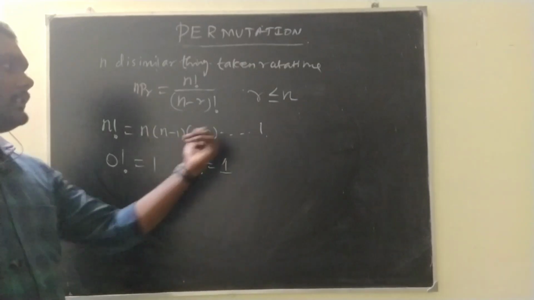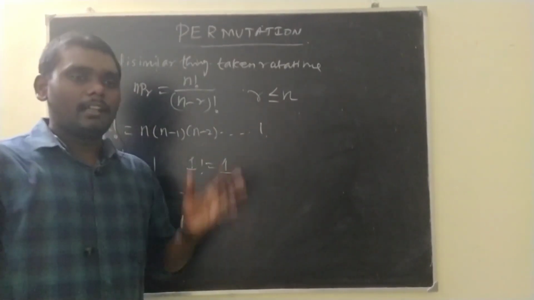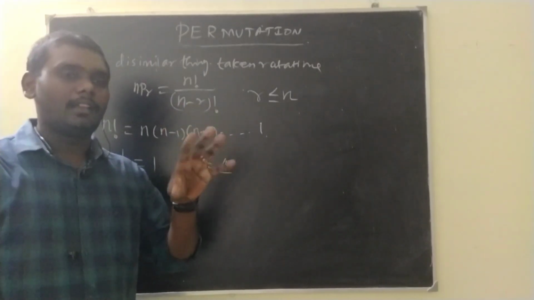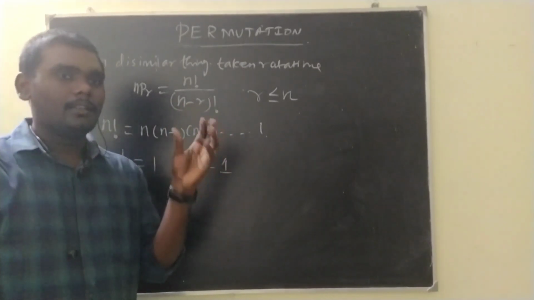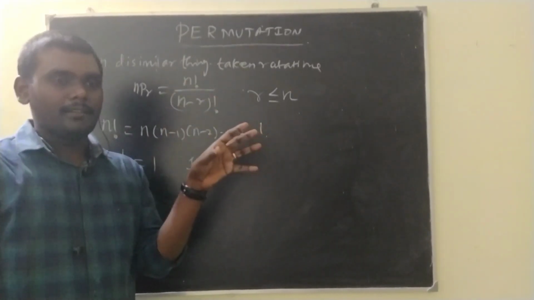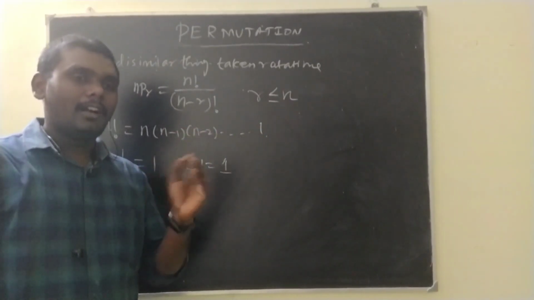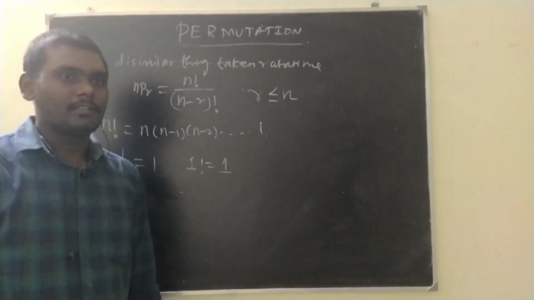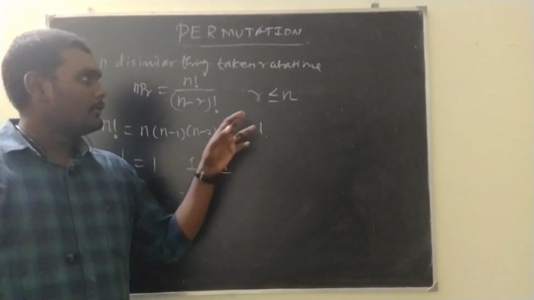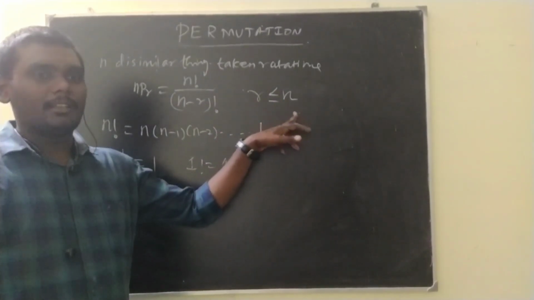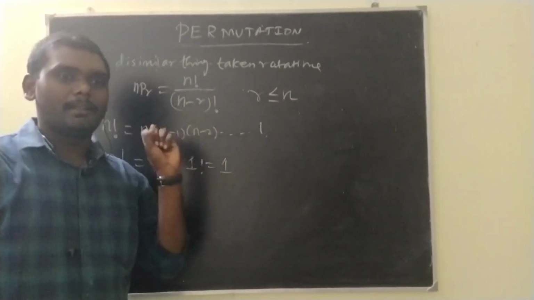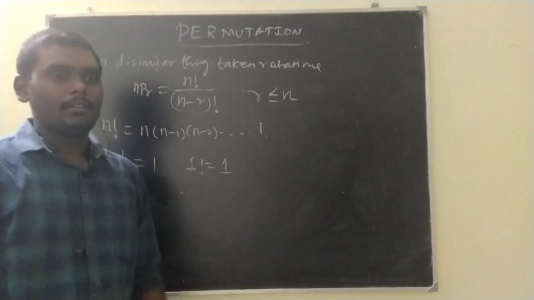As per the actual definition, n dissimilar things taken r at a time, there are a finite number of things and we are taking some of them and arranging them. Since we take from that n alone, r should be less than or equal to n.